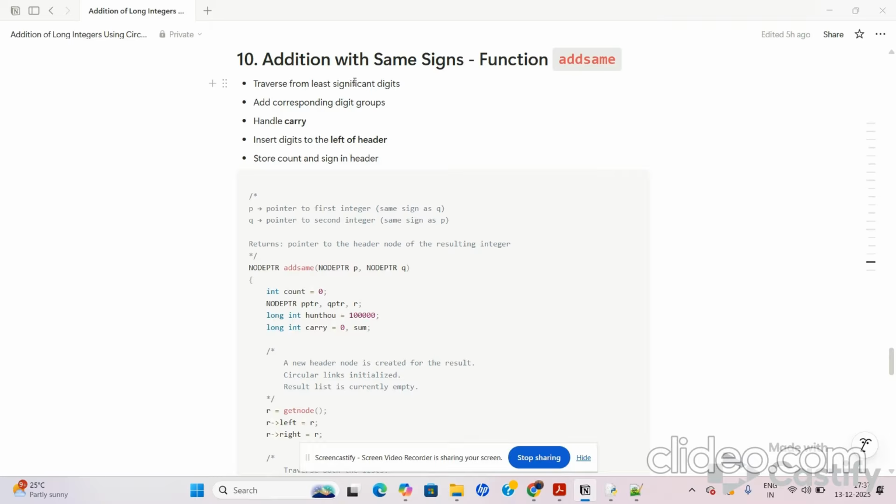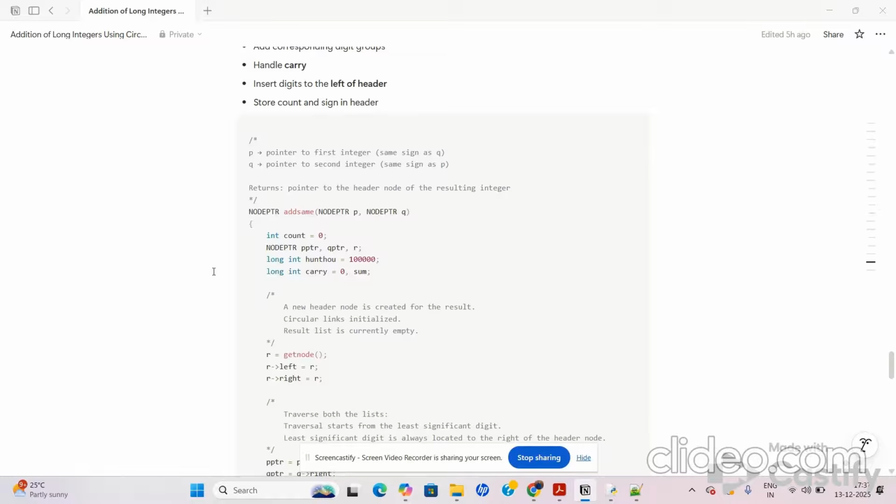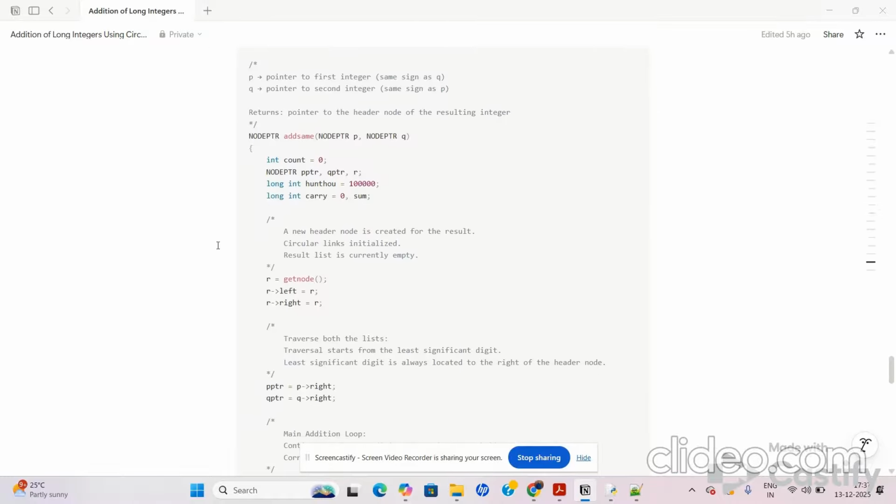So this function is more similar to the method you might have seen in the application of circular singly linked list, where you added two long positive integers, right?